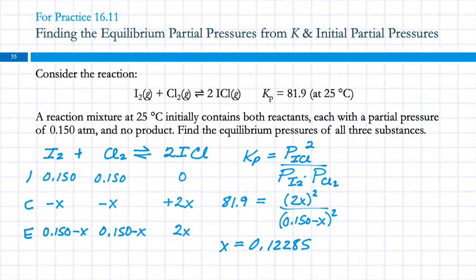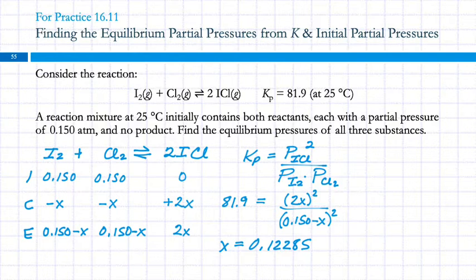So let's put this into these expressions and make sure that it's going to work. So if I have 0.15 minus x, 0.15 minus 0.12285, that's still going to be a positive number. So these are both going to be positive numbers, and this is going to be a positive number, so it's going to be okay. So we want the equilibrium pressure of all three substances.